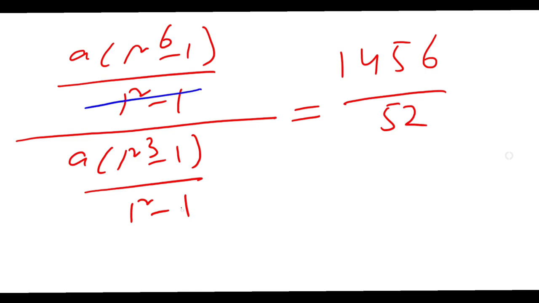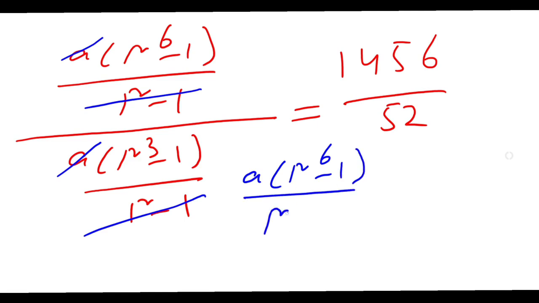This r minus 1 and this r minus 1 is cancelled. This a and a is cancelled, because if I invert, it's the same thing. Have a look here: a r power 6 minus 1 over r minus 1, multiply now r minus 1 inverts, and this becomes a r power 3 minus 1.